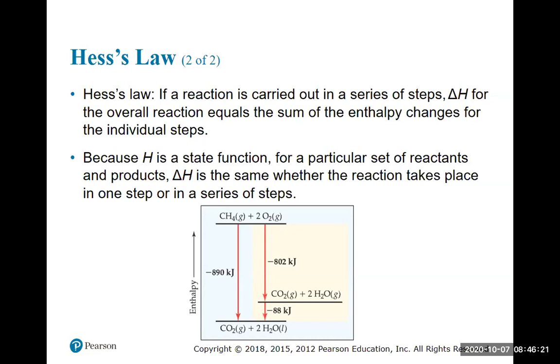So delta H from start to finish will be the same, whether it's one step or multiple steps. Because of that, we can use these reactions that have been determined already to add things up and get to what it is for the final reaction product.